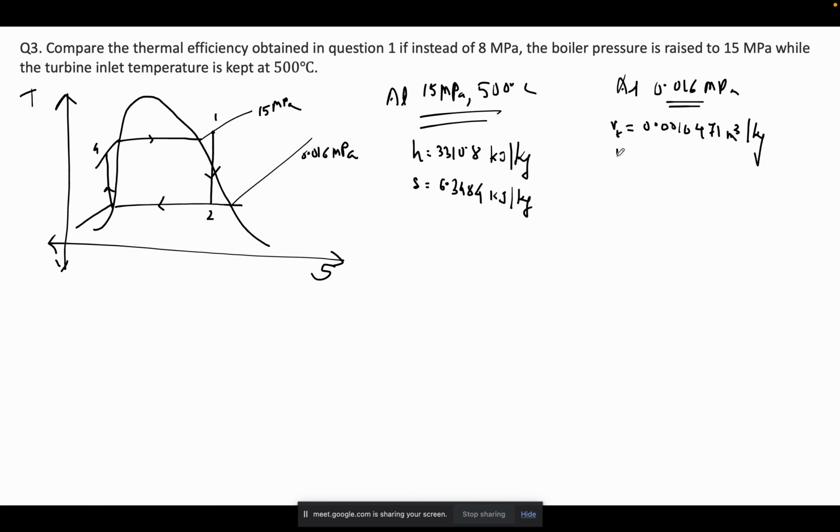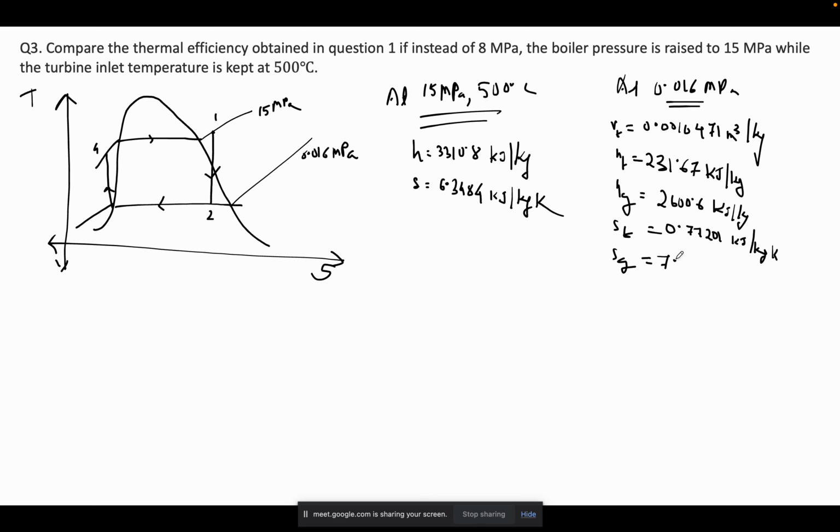I already have HF as 231.67 kilojoule per kg, and I have Hg at 2600.6 kilojoule per kg, and I have SF that is 0.77201 kilojoule per kg Kelvin, and I have Sg that is 7.9846 kilojoule per kg Kelvin. Okay, this one we already have.